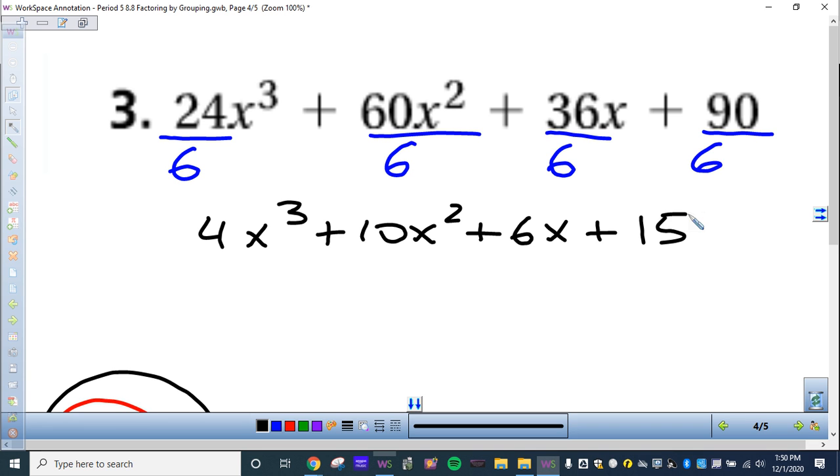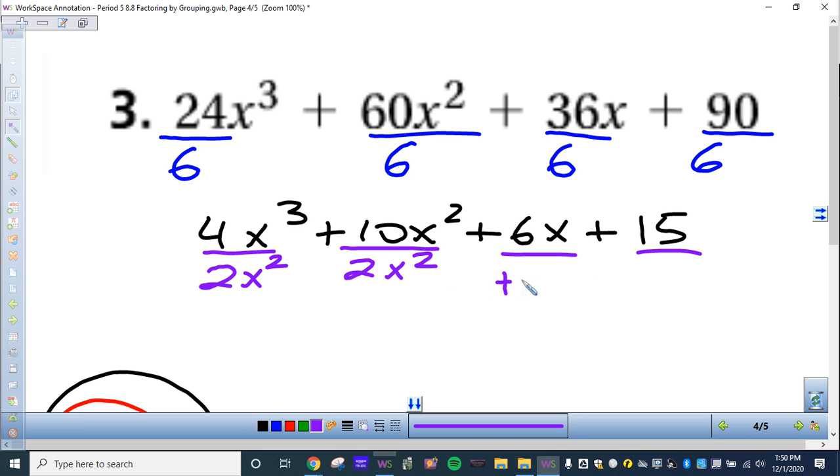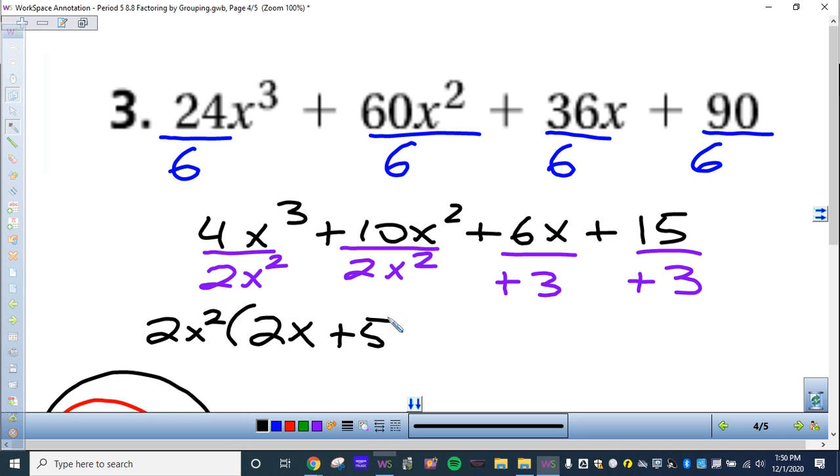So we can divide out a 2x squared out of the first two. And we can divide a positive 3 out of the next two. So then we have 2x squared in front, and I just have 2x left in the first fraction, and 5 from the second fraction.